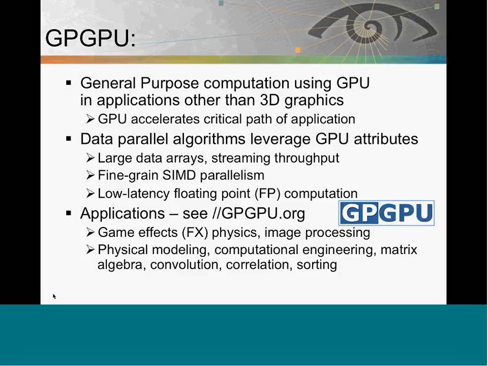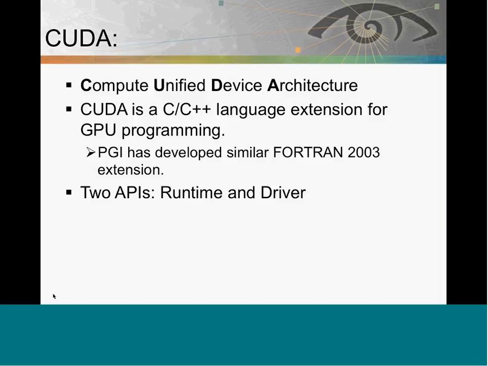The popular one is GPU.org. It has libraries in many domains, including modeling, computational engineering, linear algebra operations, and it is provided by Nvidia, which is called CUDA, Compute Unified Device Architecture.